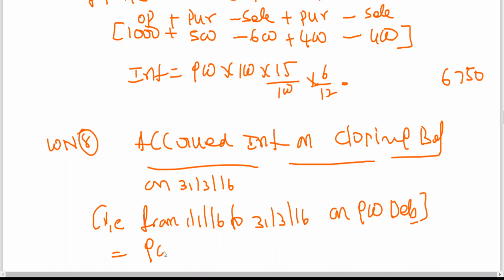That is equal to 900 debentures into 100 into 15 by 100 into 3 by 12. We are getting 3,375. If you want, you can cross check: 900 into 100 into 15% into 3 by 12. Okay, now I think everything has been completed.